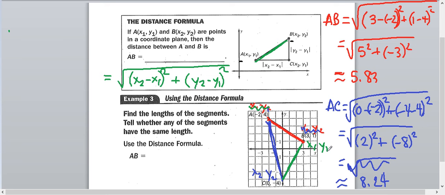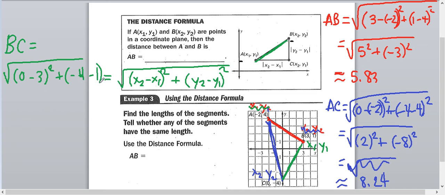So we are trying to find the distance between B and C. So that's going to be the difference of my x's, which is 0 minus 3, and that's squared, added to the difference in my y's, which is going to be negative 4 minus 1. And that's squared. Sorry, I'm using green on the same ones there.